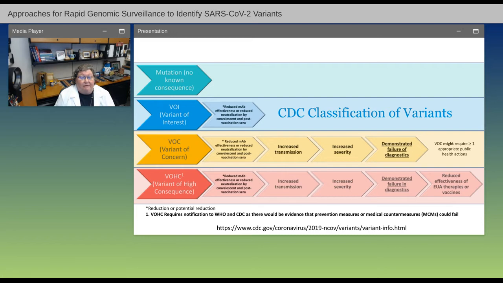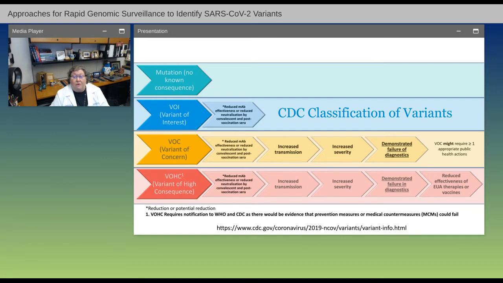All three of the variant categories show reduced effectiveness to the monoclonal antibody combinations for therapy and the convalescent and post-vaccination sera. The variant of concern is more severe or more of a worry than the variant of interest. It also has increased transmission, increased severity, as does the variant of high consequence, and a demonstrated failure of diagnostics.